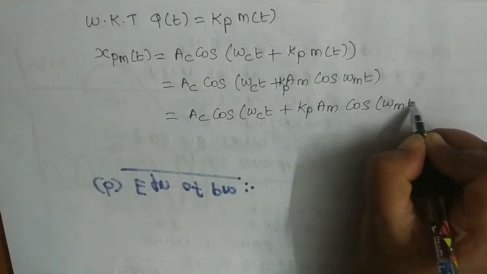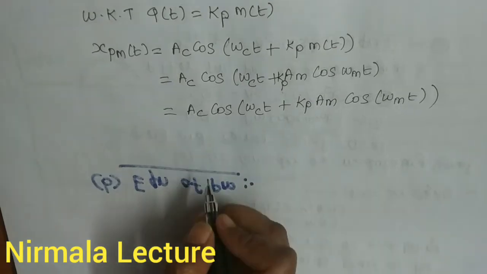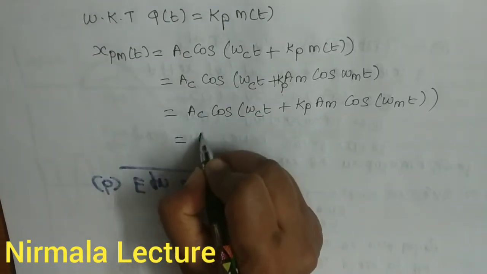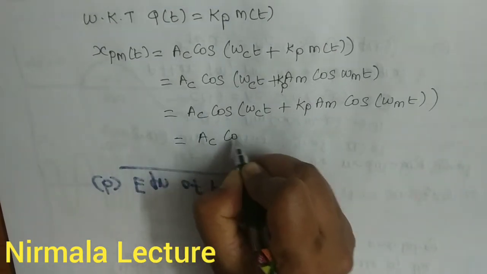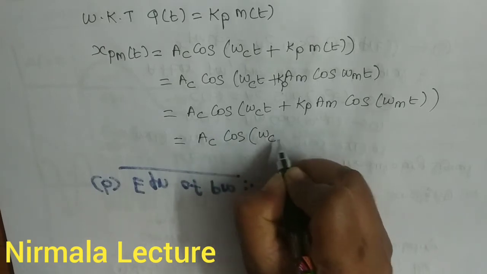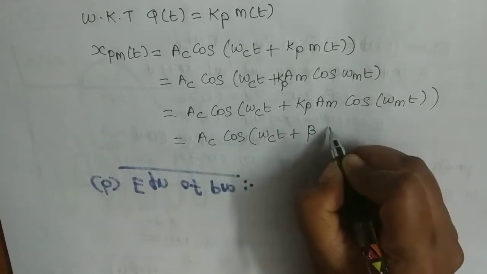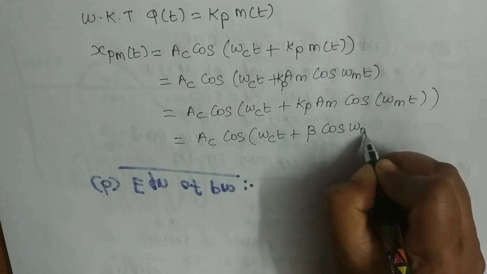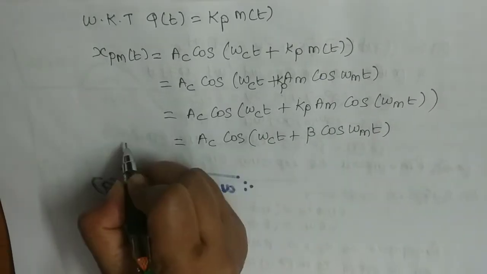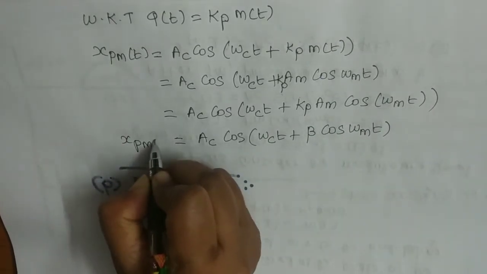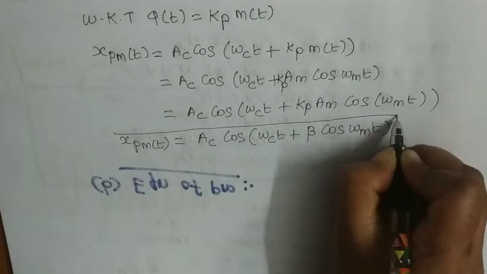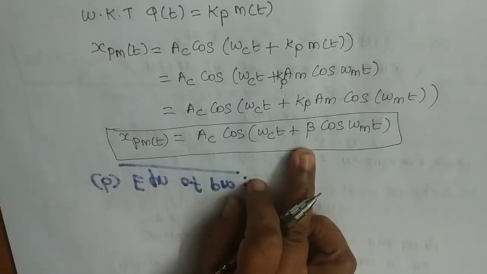Therefore, the phase modulated equation will be Ac into cos of omega ct plus beta into cos of omega mt. So this is the phase modulation equation.